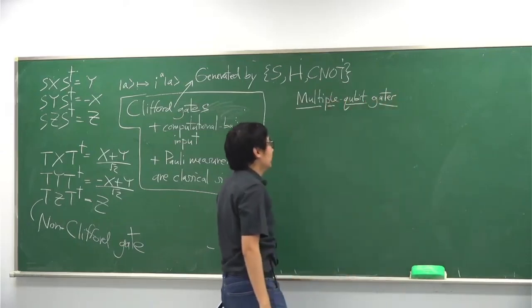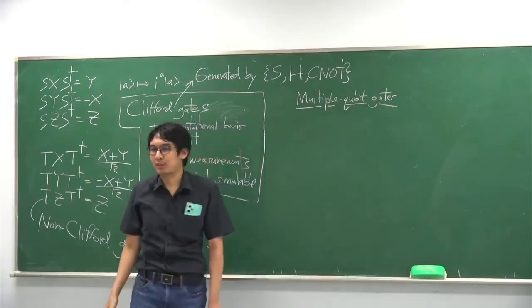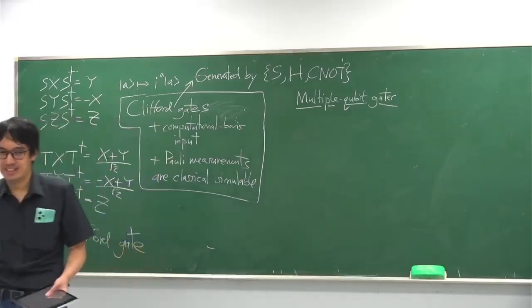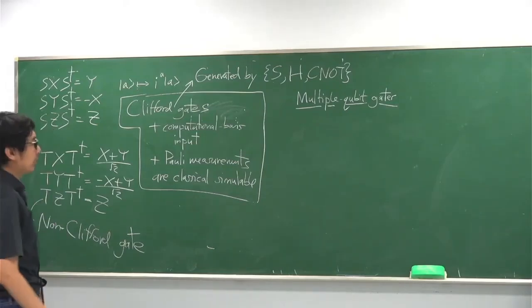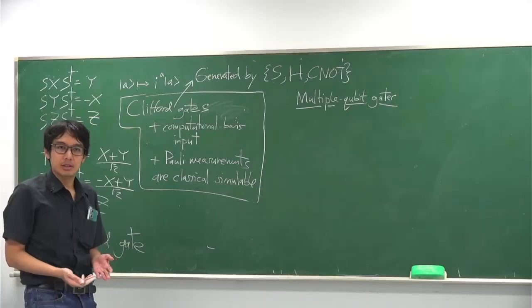For multiple qubit gates, we actually only talk about 2 qubit gates. By definition, it can be any unitary matrix, so a 4x4 unitary matrix.